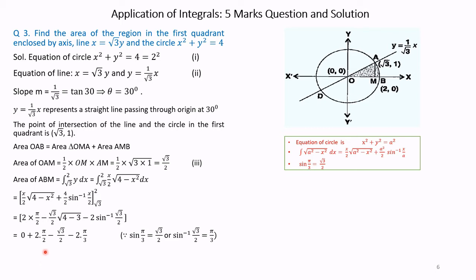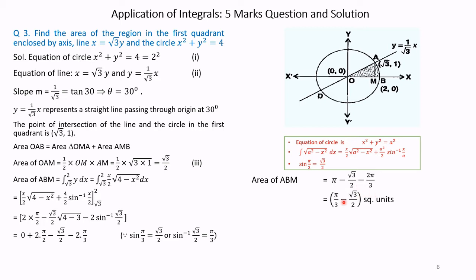So we get pi minus root 3 by 2, the root of 1 is 1 itself, minus 2 into sine inverse of root 3 by 2, which is pi by 3. Therefore, we are substituting the value of pi by 3. So the area of ABM is equal to pi minus root 3 by 2 minus 2 of pi by 3.